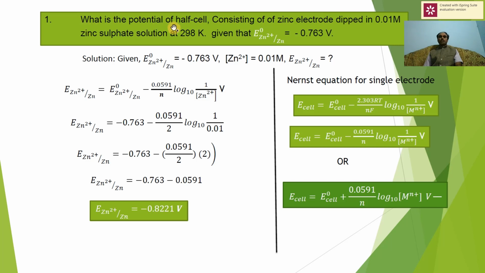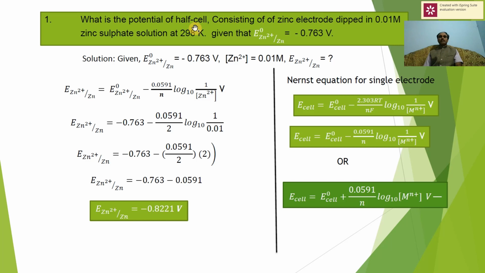What is the potential of a cell consisting of a zinc electrode dipped in 0.01 molar zinc sulfate solution at 298 Kelvin, given that the standard reduction potential of zinc is equal to minus 0.763 volt. Read this problem. What is the potential of the cell?